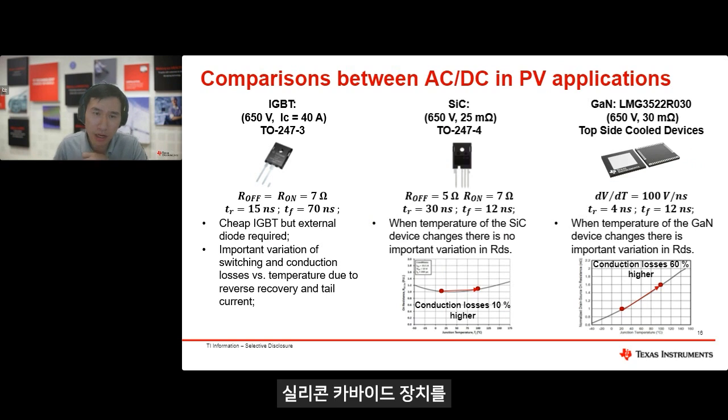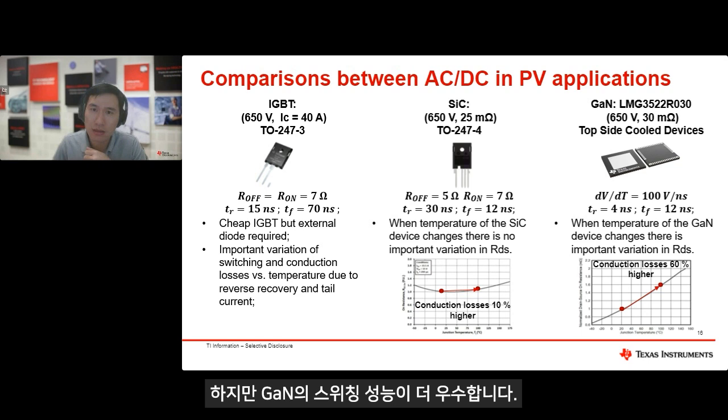Comparing the GaN devices with the silicon carbide device, silicon carbide will have some advantage in conduction loss because of the temperature coefficient, but for GaN, the switching performance is better. So there is some trade-off in the designs.